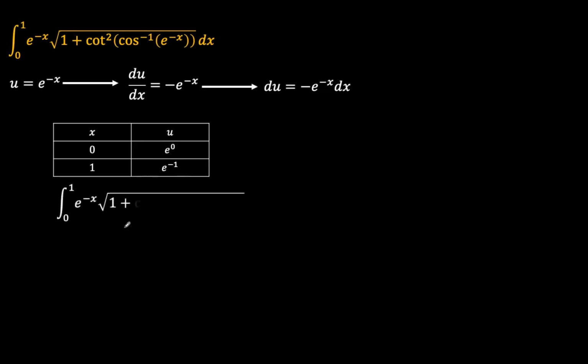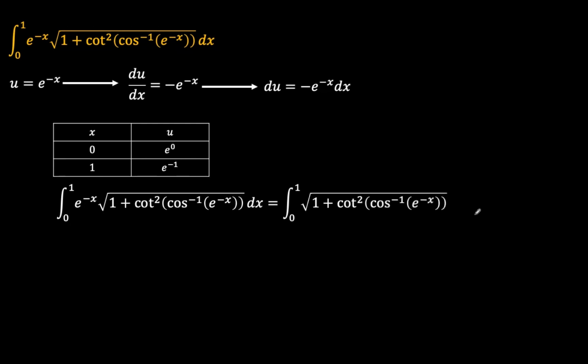So essentially, our integral now, reorganizing a little bit, bunching this e to the power negative x and this dx together, this part can now be substituted with negative du, and then this limit with 1, that is e to the power 0, and this with e to the power negative 1, and then this with u, right?